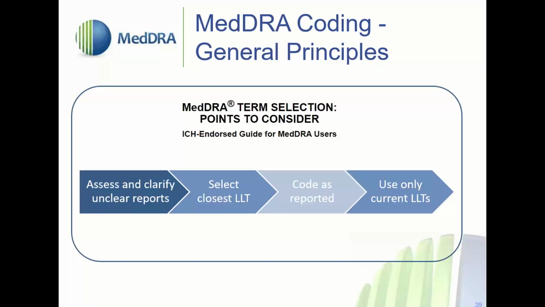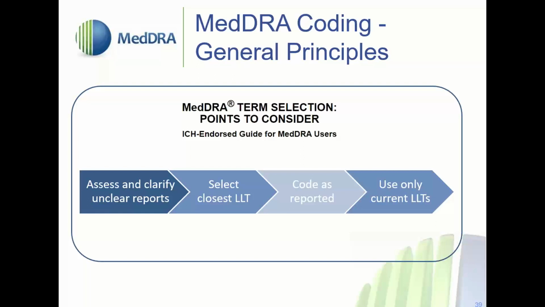So it's always important to, number one, check your coding conventions and your internal conventions, and then also take the reported term for what it is and match it to the closest LLT that you can find within the MedDRA dictionary. I showed you a couple of different ways to look in the browser to make sure you're not missing anything when it comes to coding to that closest LLT.